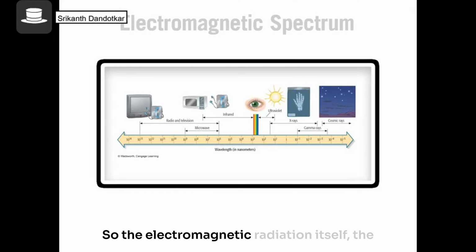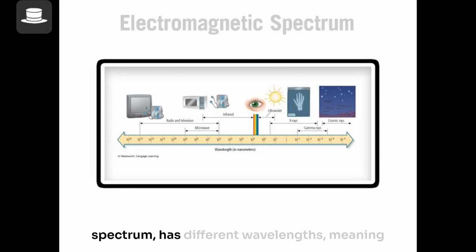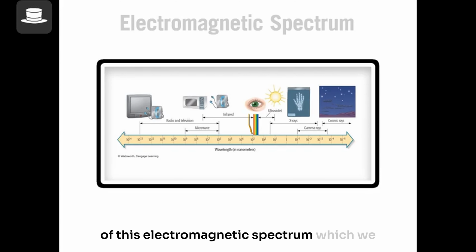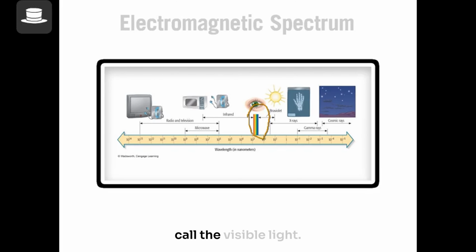The electromagnetic spectrum has different wavelengths, meaning different kinds of waves, starting from, for example, the radio waves, the microwaves, the infrared rays, the ultraviolet rays, X-rays, gamma rays, and cosmic rays, and whatnot. But we only perceive a part of this electromagnetic spectrum, which we call the visible light.